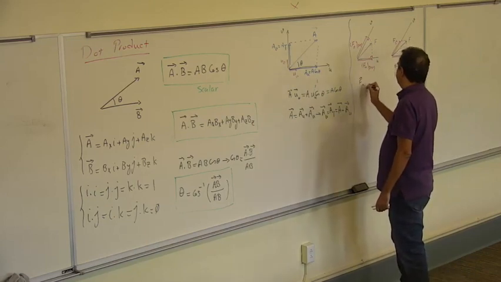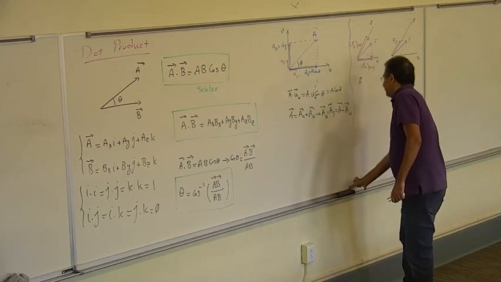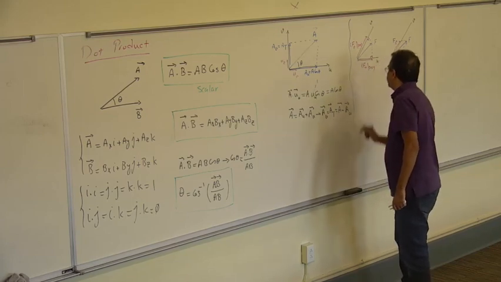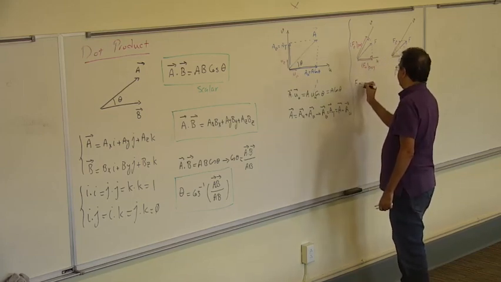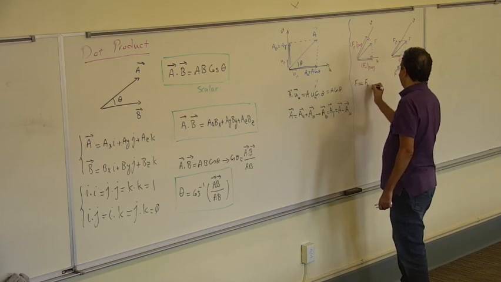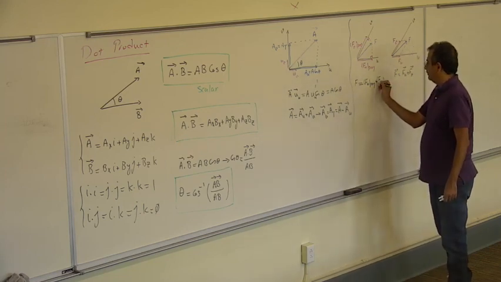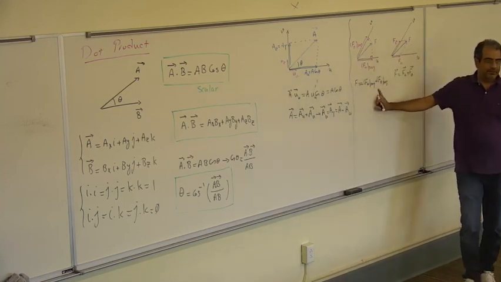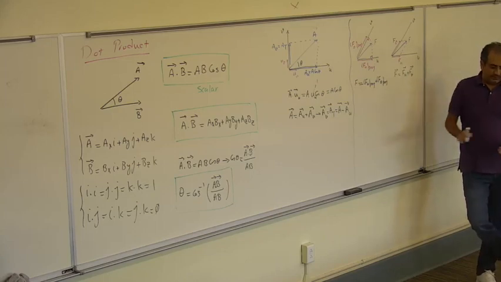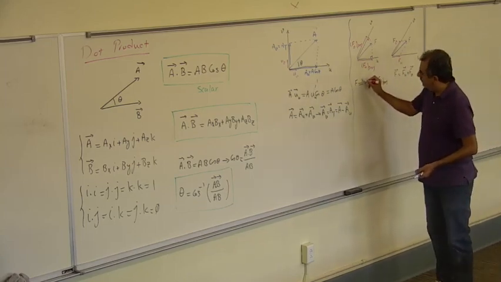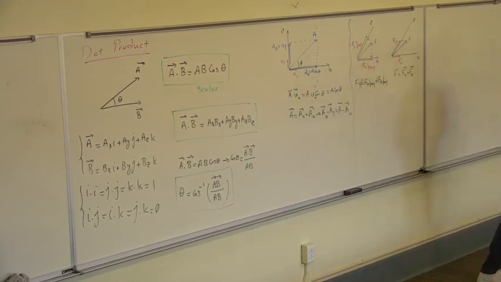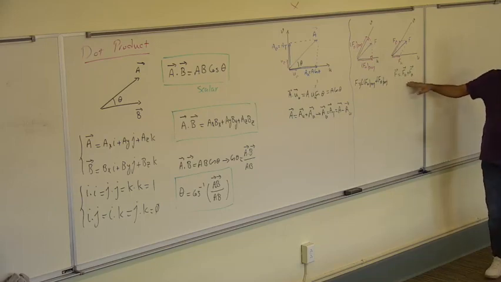Here, if I write FU projection plus FV projection, correct? No. So that's the difference between projection and component.